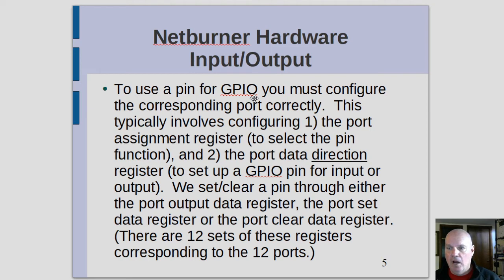If it's used for I/O, you then have to configure the direction register, whether the GPIO pen is going to be used for input or output, and then you have to either set or clear the pen by writing to another register, or read a register if it's configured for input. So there are 12 sets of these registers corresponding to the 12 ports.